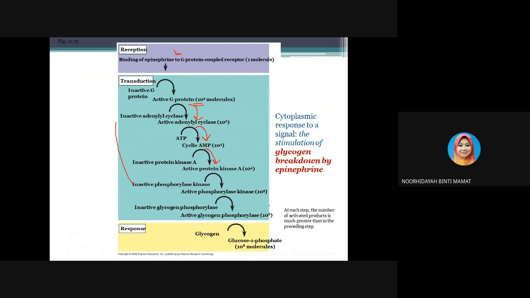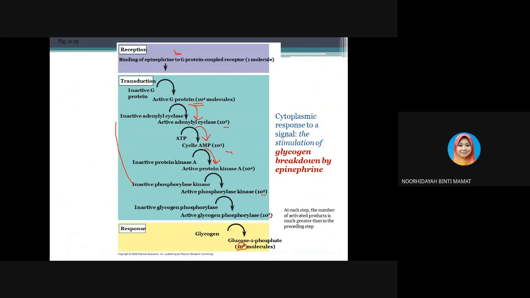At each step, as you can see, the number of activated products is much greater than at the preceding step, up to the last one, which is 10 to the power of 6. Then in the response process, glycogen will be converted to glucose 1-phosphate, with 10 to the power of 8 molecules.